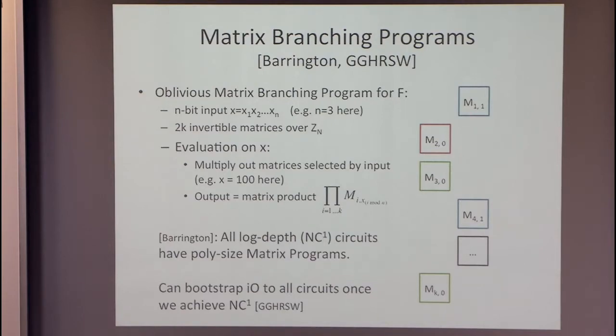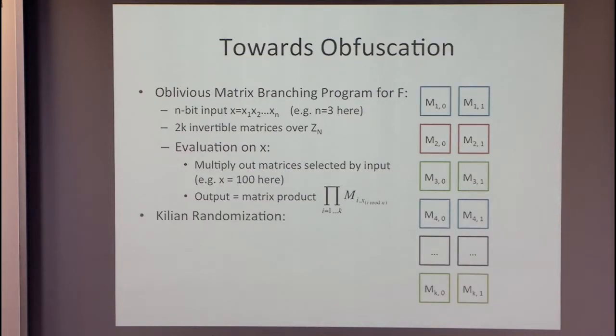With the current research that we've already done in our community on fully homomorphic encryption, assuming something like LWE, you can take an obfuscation that works for NC1 circuits and bootstrap all the way up to an arbitrary circuit. Okay? So what we need to do now is figure out how to obfuscate a program that looks like this sort of matrix branching program. Okay? So let's make some progress towards that.